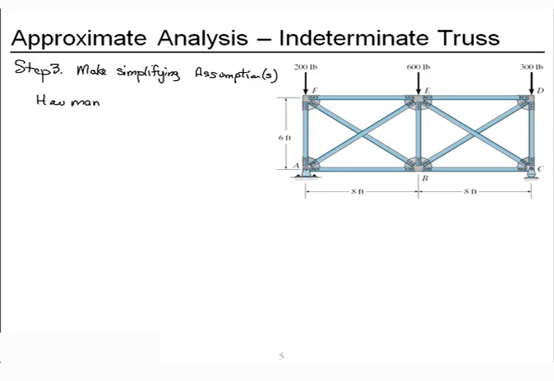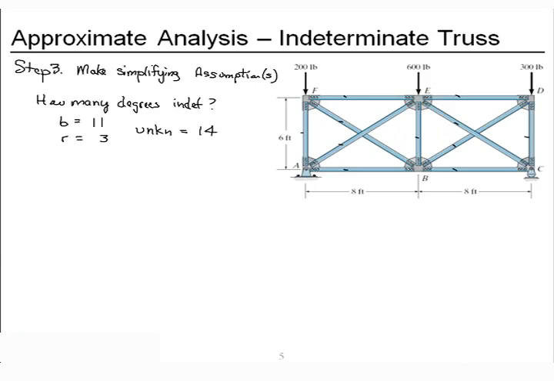That's going to be dictated by how many degrees indeterminate is our truss. Well, let's see. How many elements in the truss? 1, 2, 3, 4, 5, 6, 7, 8, 9, 10, 11. 11 elements, one unknown for each element. Reactions. There are 3 reactions. So my total unknowns for the truss are 14.